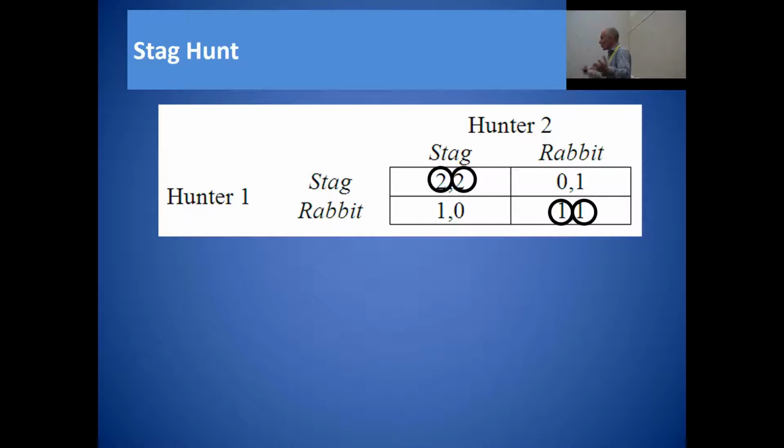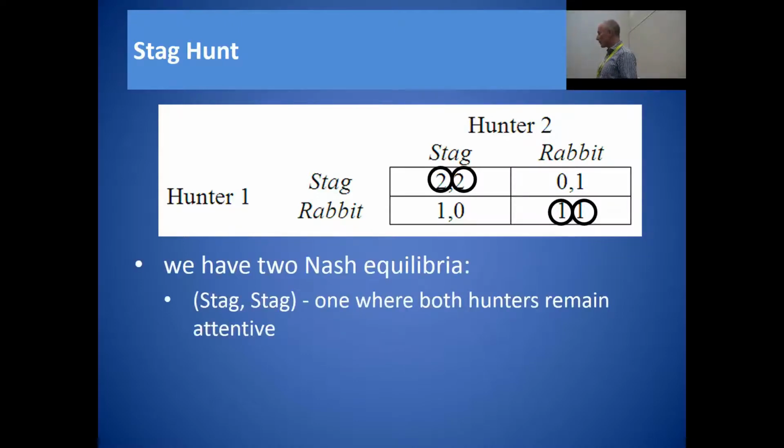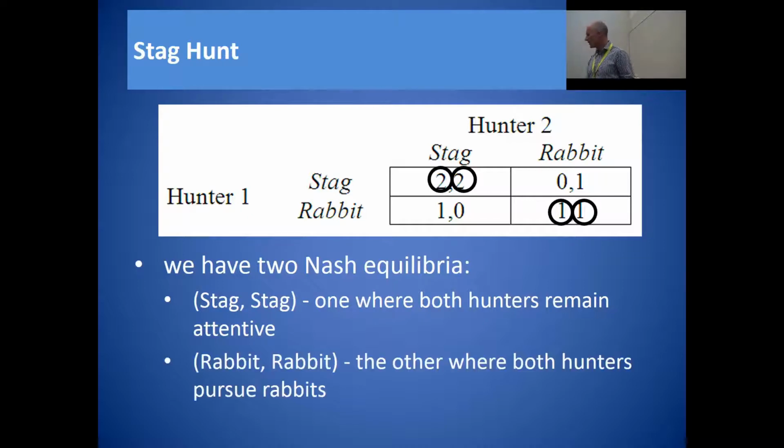Here we go. So, there are now 2 Nash equilibria. One where they both remain attentive to the hunt and pursue the stag, and the other where neither remains attentive to the hunt and they go off pursuing rabbits. So again, as we saw with Battle of the Sexes, there are 4 possible outcomes, but 2 of them suggest themselves as more plausible, more likely.